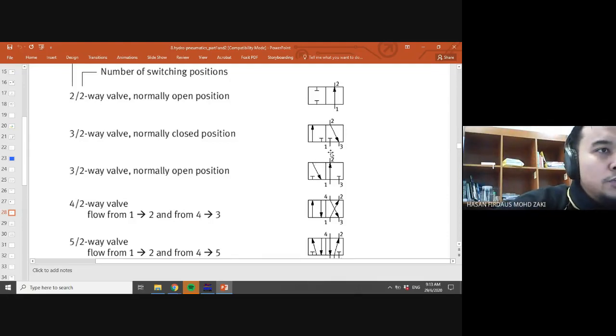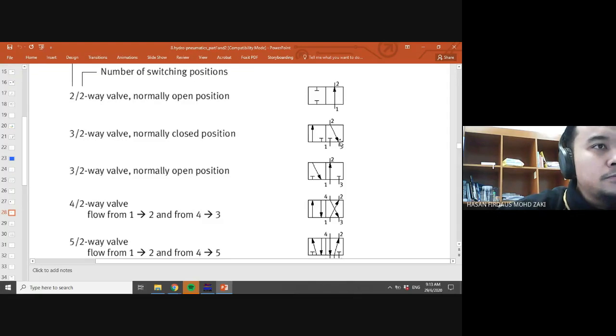The right position is the starting position, the initial position. When it is in the initial position, you see the source port is blocked, it's closed. So it is a normally closed position.